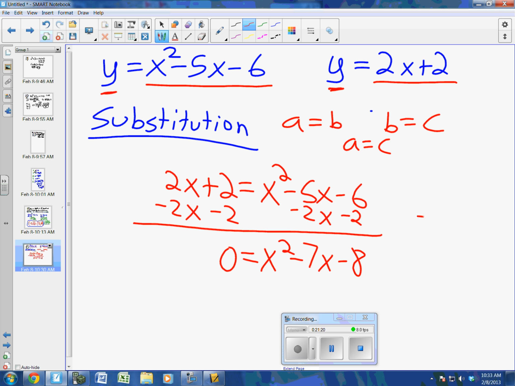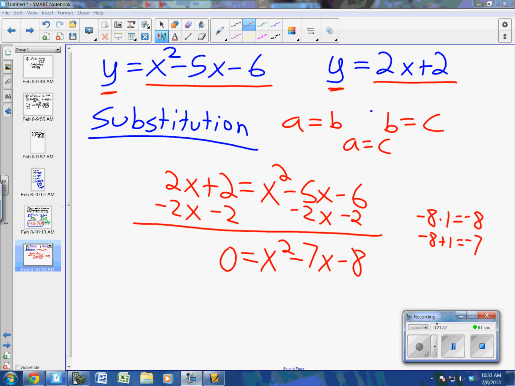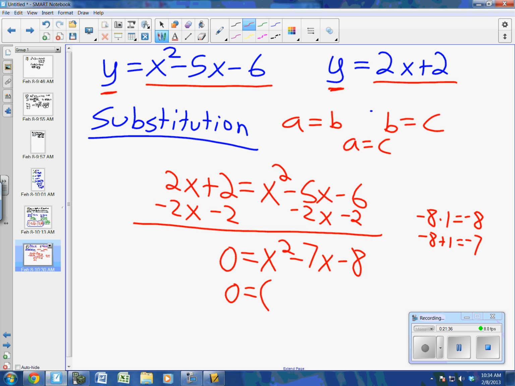Look, negative 8 times 1 is negative 8, and negative 8 plus 1 is negative 7, right? And that's what I have, negative 8 and negative 7. Do you see that? So right here, this is going to factor into 0 equals x minus 8 times x plus 1.